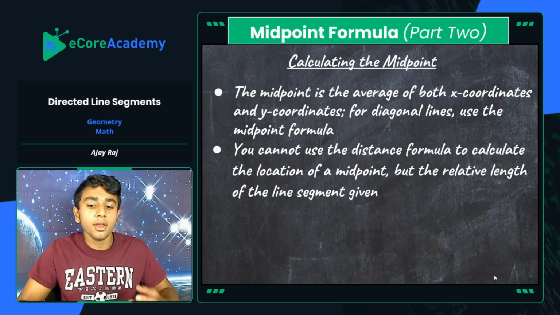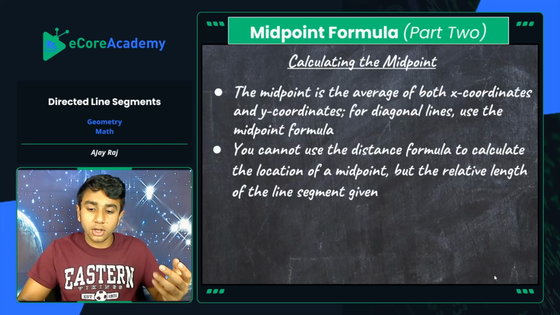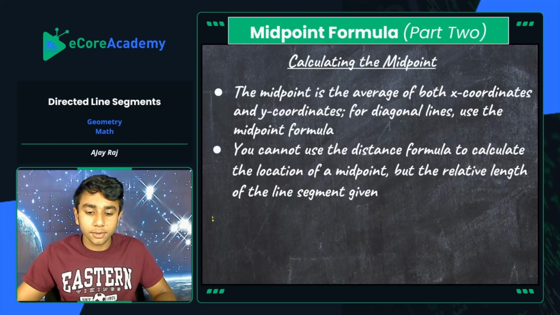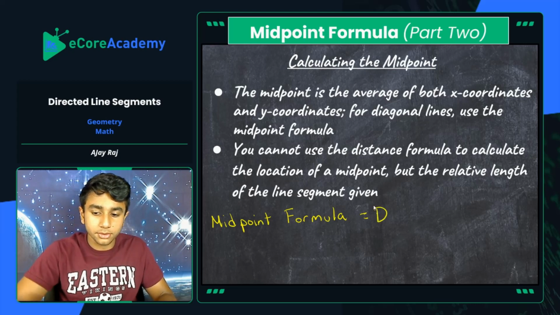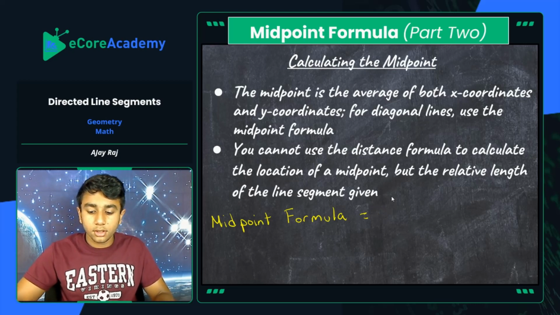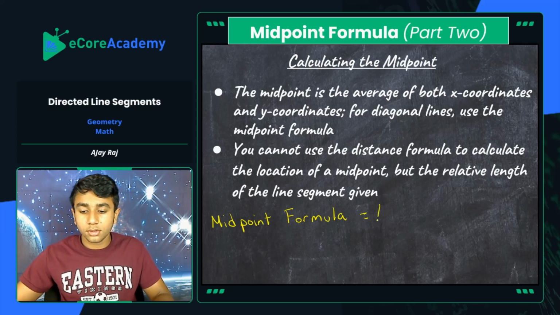So midpoint formula is direction. I'll write this out here. Midpoint formula equals location oriented. So it's location oriented, but it also implies distance.